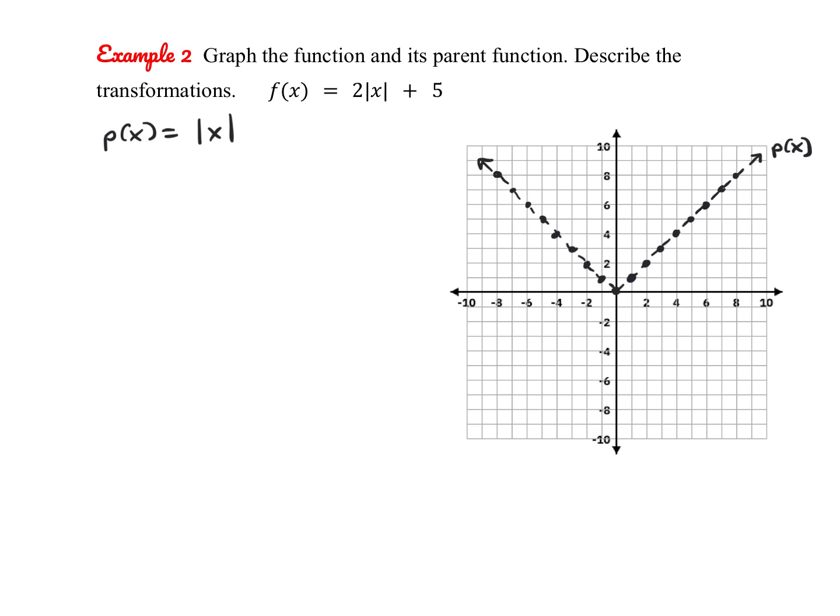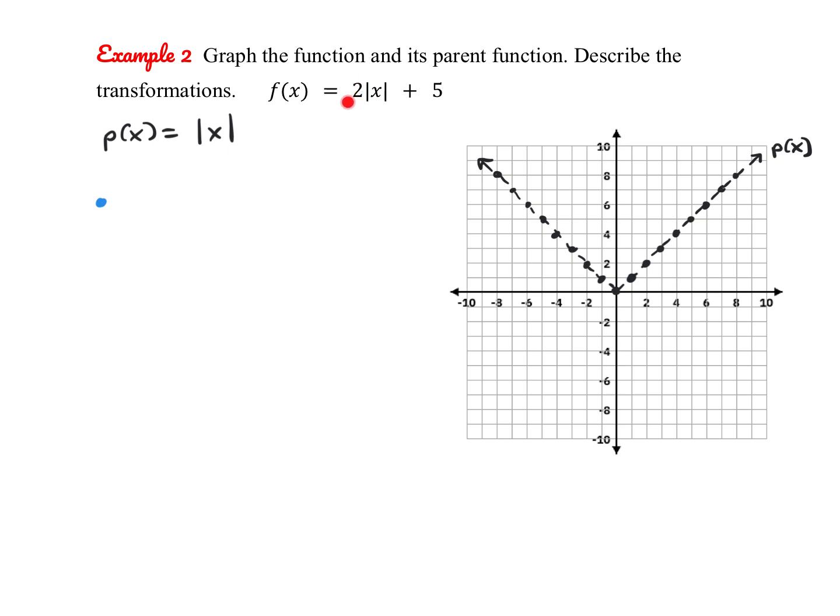Now, before I graph f of x, I want us to describe the transformations. When we're describing transformations and when we apply them, we typically describe anything involving multiplication or division first. So it's just like order of operations. Multiplication or division is what you would do first. So I'm going to address this multiply by 2 first.